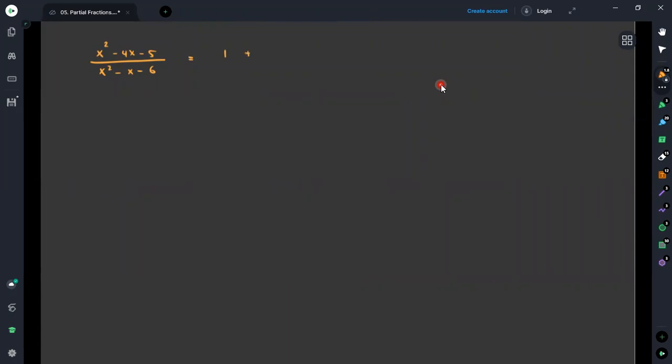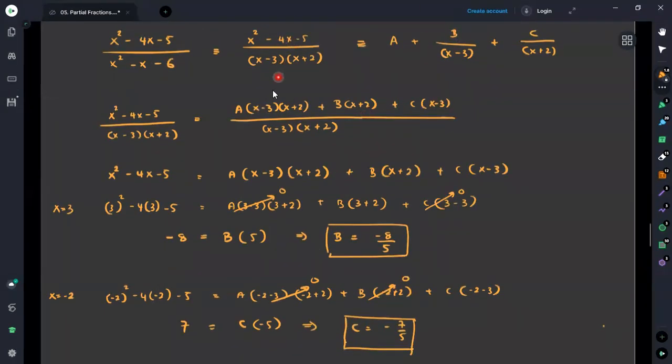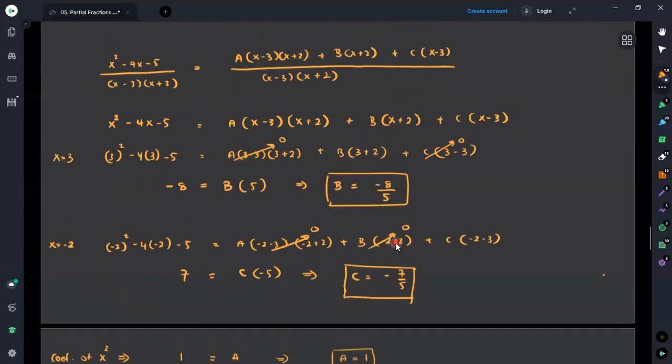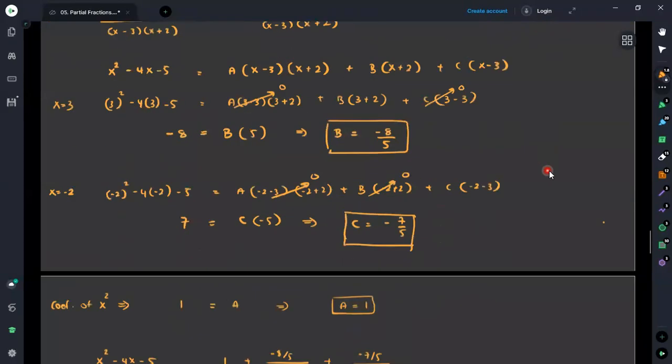Then plus the value of b, which is minus 8 over 5, with x minus 3 in the denominator. Then plus the value of c, which is minus 7 over 5, with x plus 2 in the denominator.